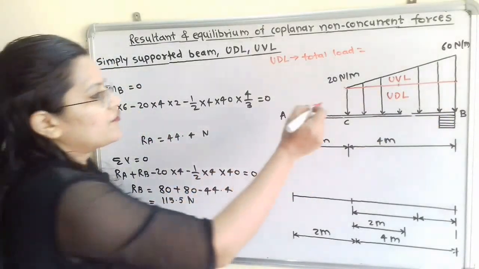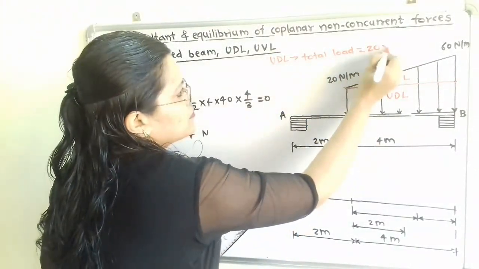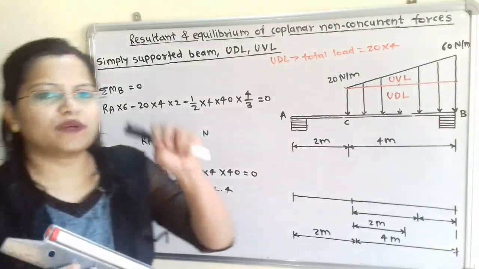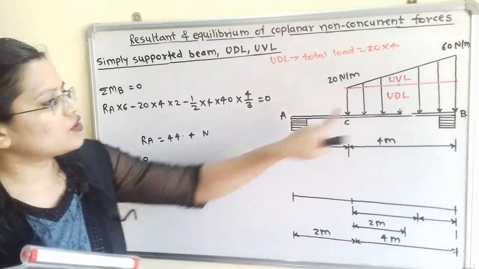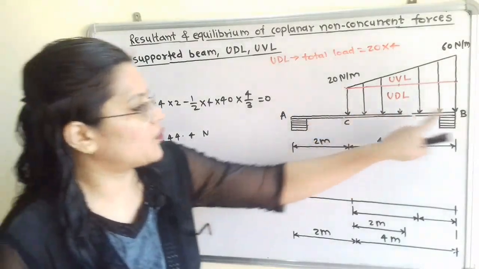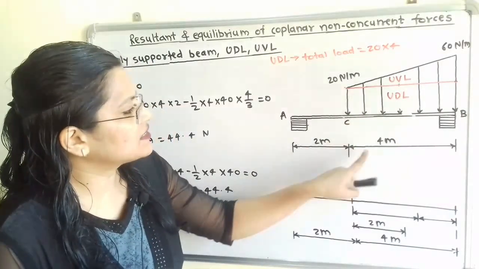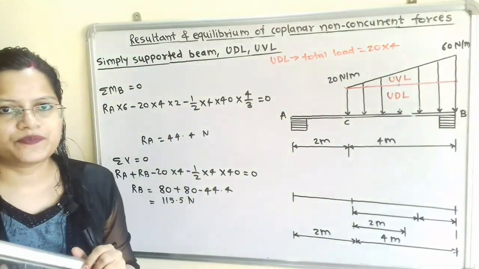So total load we can calculate 20 multiplied by 4. And how to find the point of application of this load, that is centroid? For uniformly distributed load, centroid is the middle point, that is 2 meter from point C or 2 meter from point B.